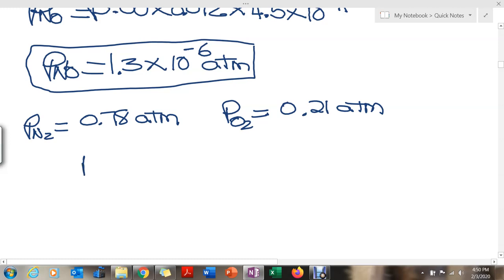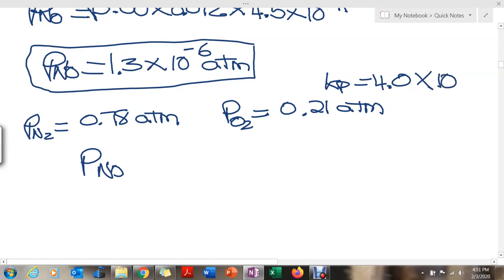Let's write the Kp: 4.0 times 10 to the negative 31.